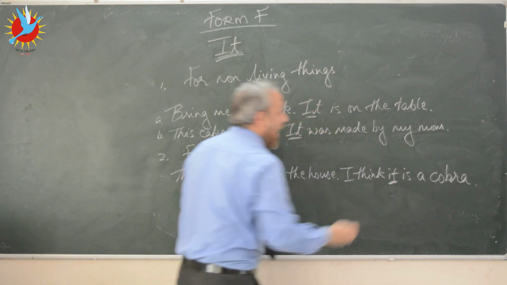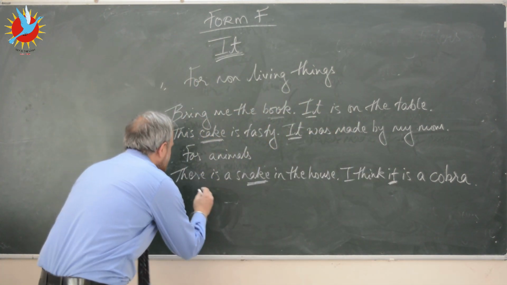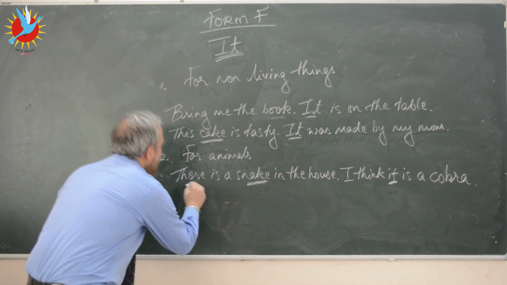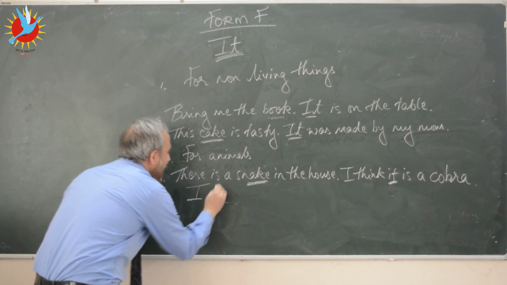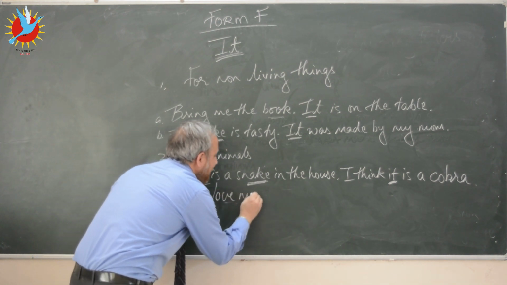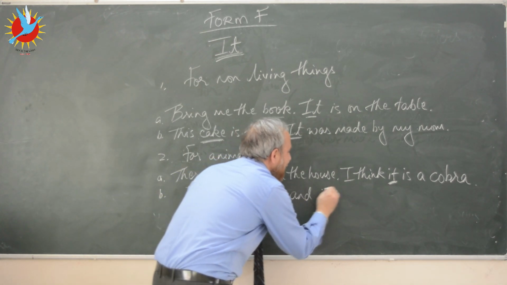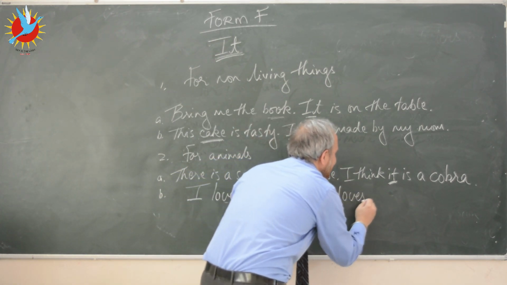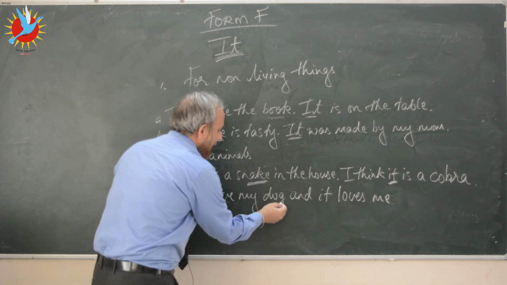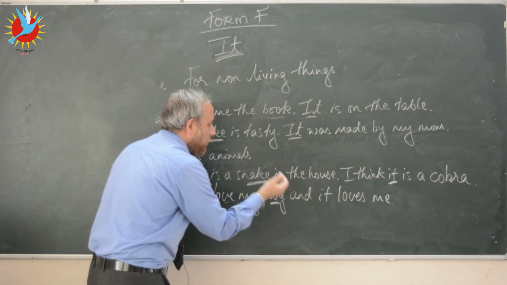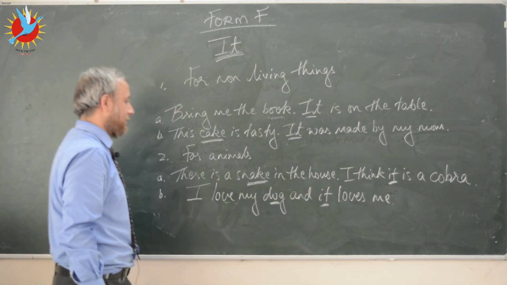I've used the pronoun it. Another sentence for you is, I love my dog and it loves me. So here too, in place of the noun, the animal dog, I've used the pronoun it.